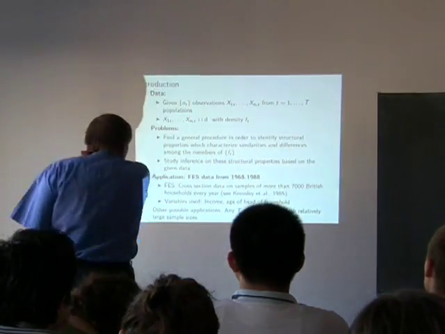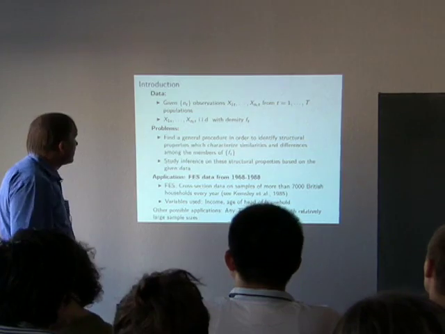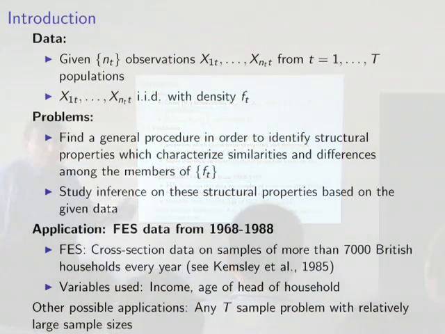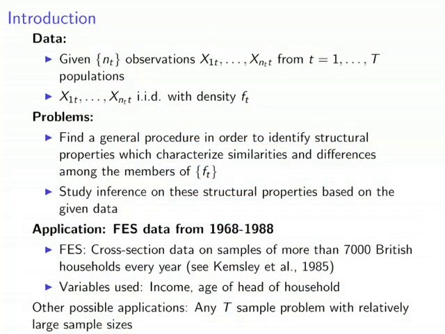Okay, so the example I have in mind here is about income and the age of households. And we use the FES data, Family Expenditure Survey. That's a type of big data source from Great Britain, where in each year they draw a sample of approximately 7,000 households.